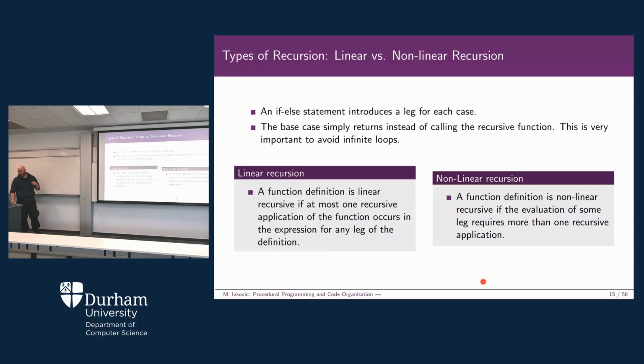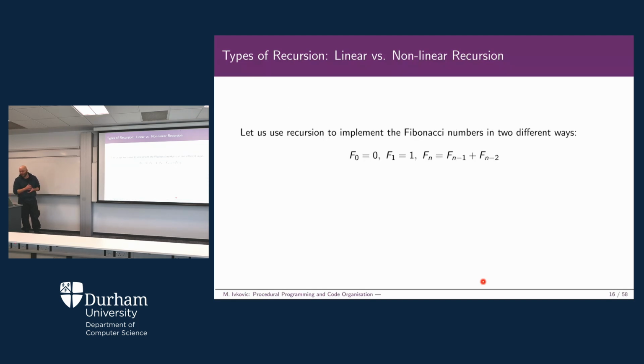Now, we call a function linearly recursive if we have at most one recursive application of the function in the expression of any leg of the definition. So we call it only once. If we have two or more, we call it nonlinear. Maybe it helps to look at this with an example.